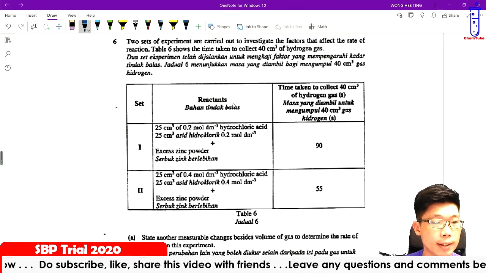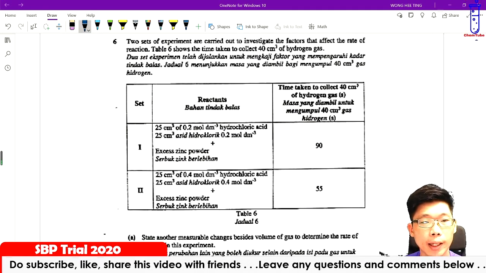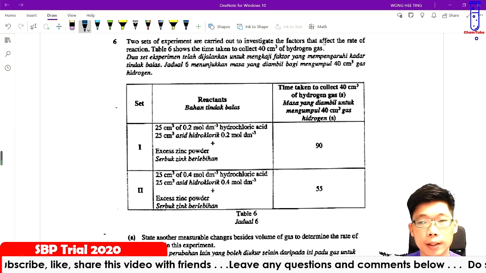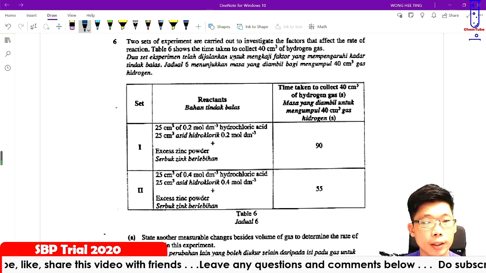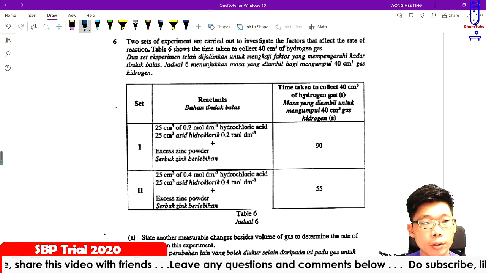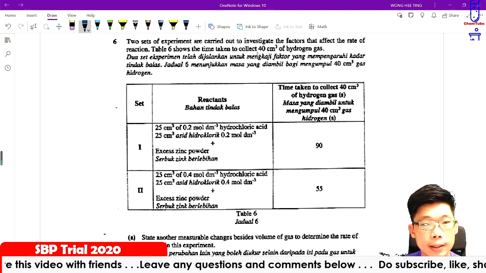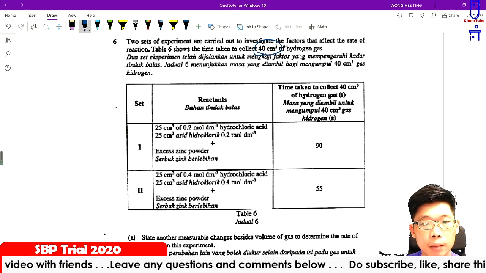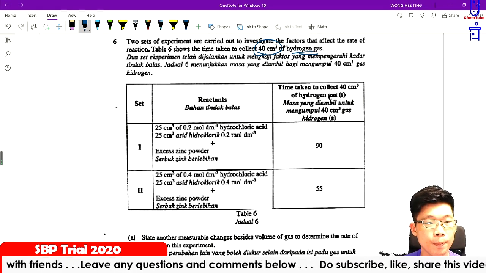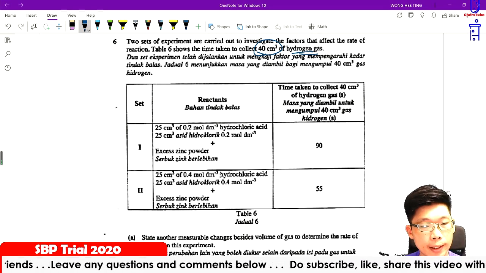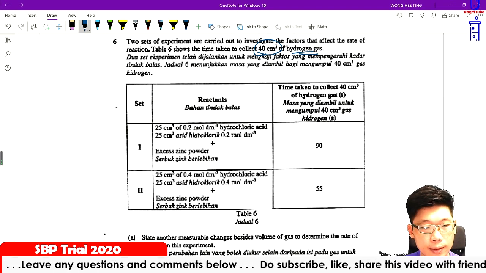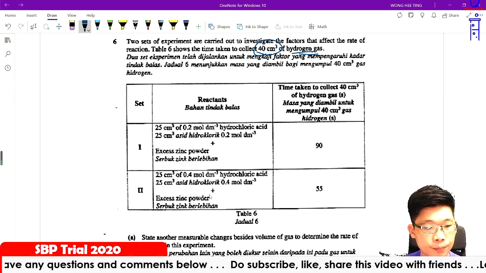Okay, question number 6. 2 sets of experiments are carried out to investigate the factors affecting the rate of reaction. Okay, so the table shows the time taken to collect 40 cubic centimeter of hydrogen gas. Okay, so set 1 and set 2, let's see what is the difference. Acid used the same.